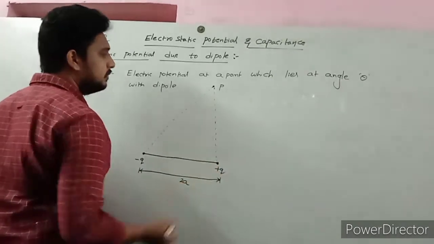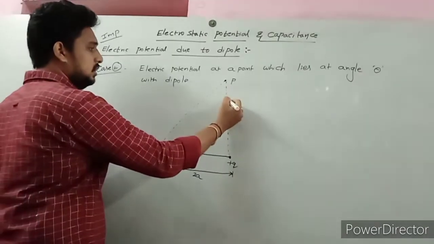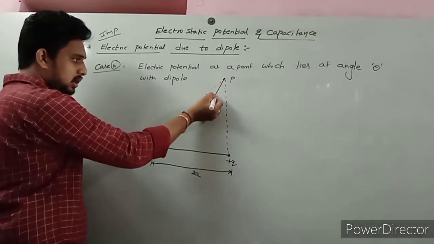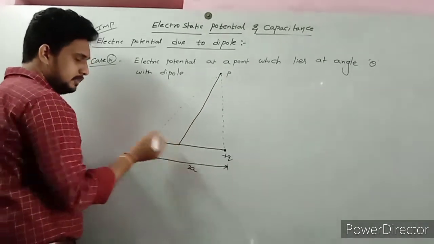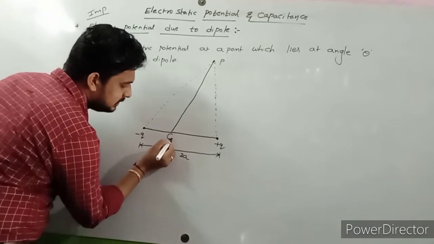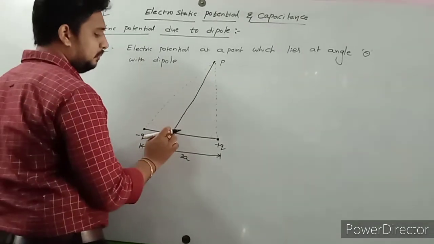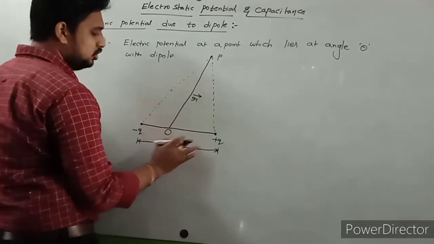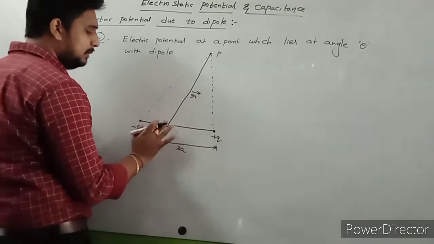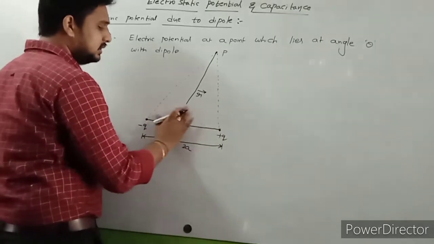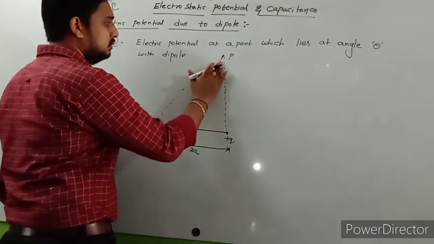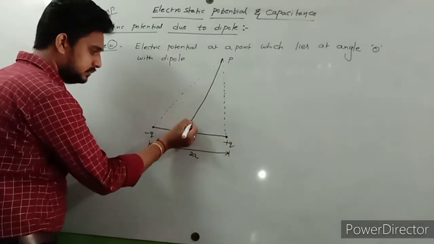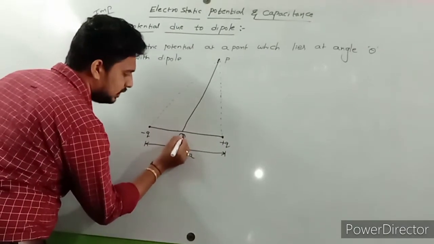Now just draw some imaginary line joining the point and the dipole. Let us consider this is a point O, and the distance from point O to P is R. Assume that O is the midpoint of the dipole.